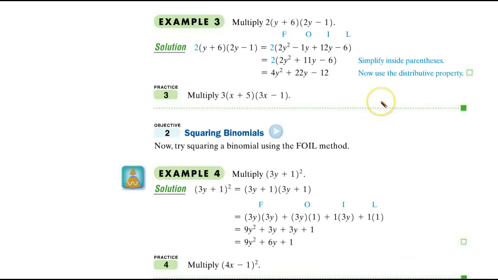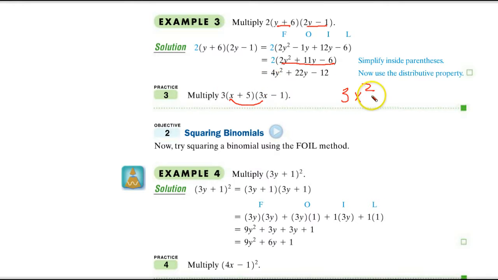Now, in example 3, notice you have a binomial, 2 of them, and then a 2 out here. So what you're going to do is FOIL these to get that, and then you apply the outer 2 through distribution to get that. So let's do the practice. This is going to be 3x squared.